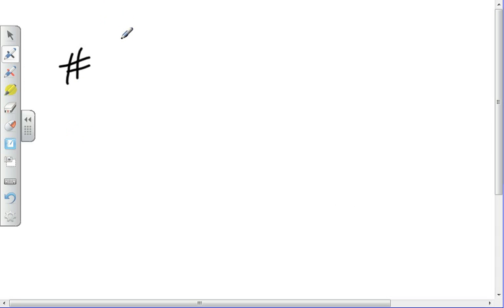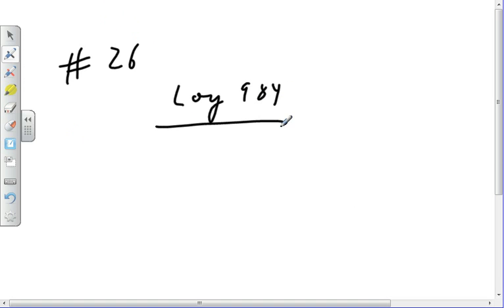Where was I? Number 26. So I got the log of 984 divided by the log of 4. There's nothing I can do with that except put it in my calculator as written. I'm not subtracting logs anymore, so I can't divide.